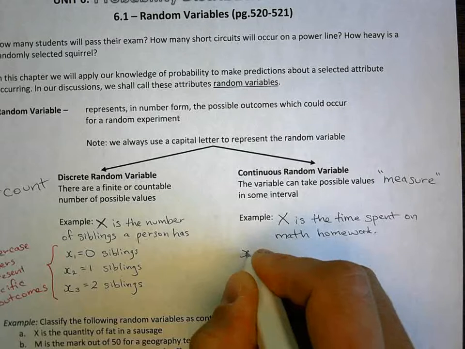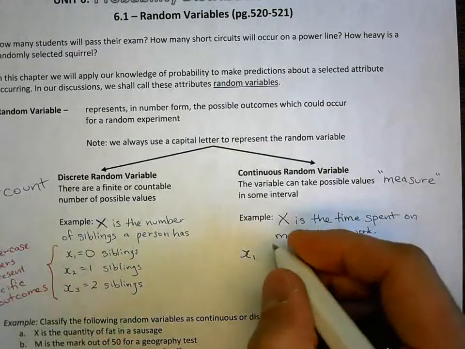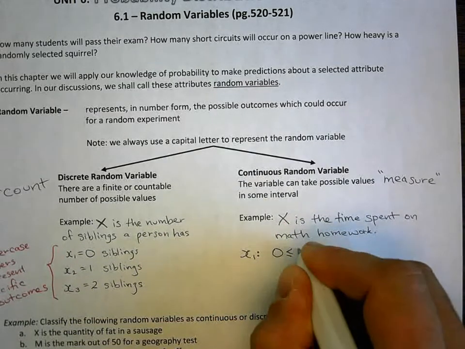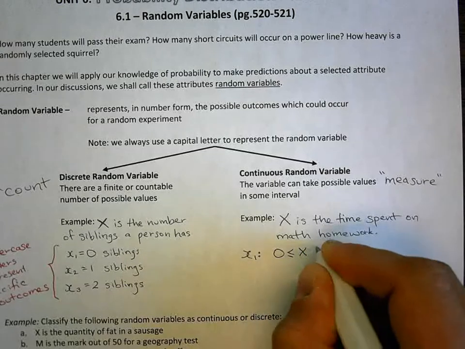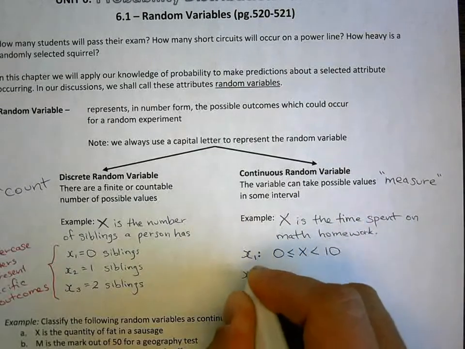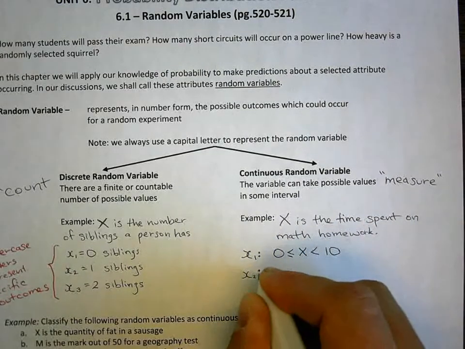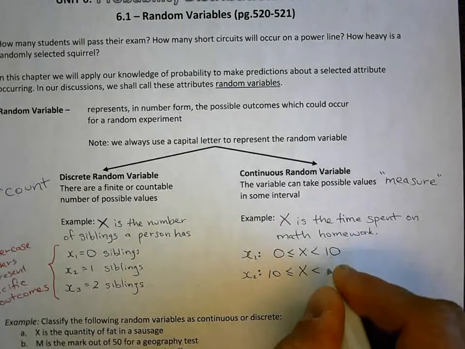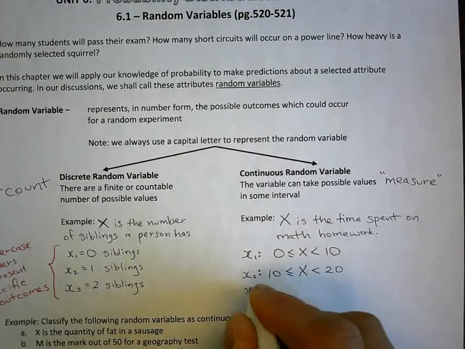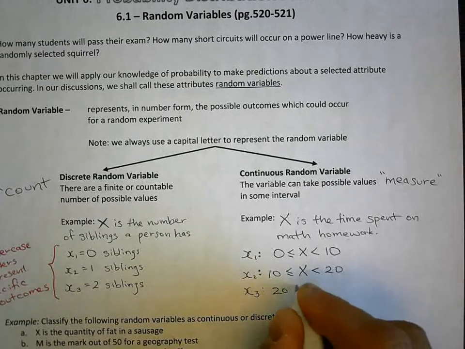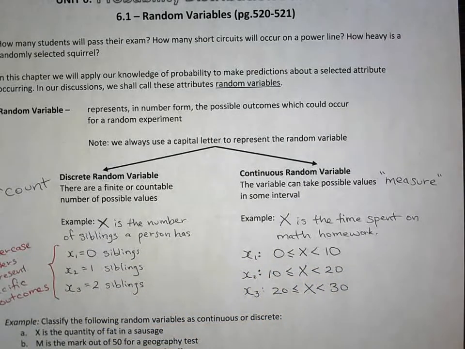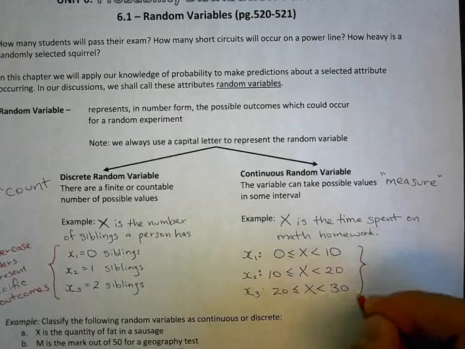Your first outcome, x1, could be that your random variable X is between 0 and 10 minutes. That's not very much math homework. Your second outcome could be between 10 and 20 minutes. Your third outcome could be between 20 and 30 minutes, etc., etc. These are all intervals.